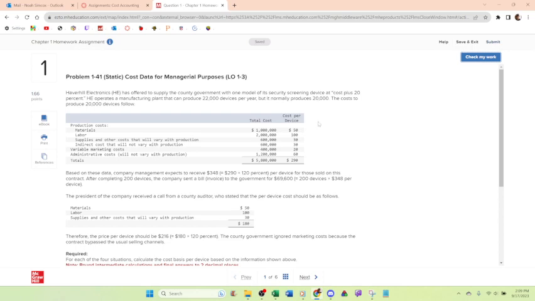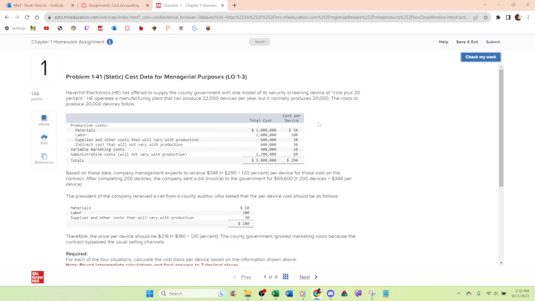How does the cost per device change? Because the definition of variable cost is that the cost changes with the production, if you need more materials. Oh. The total cost is not fixed. The cost per device is fixed.